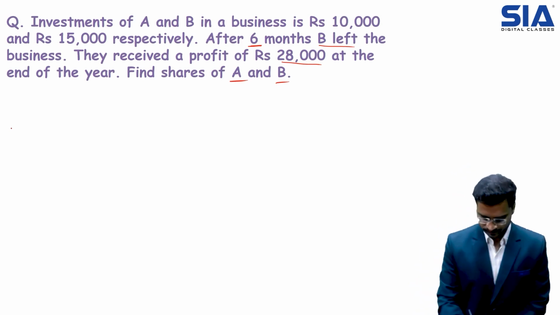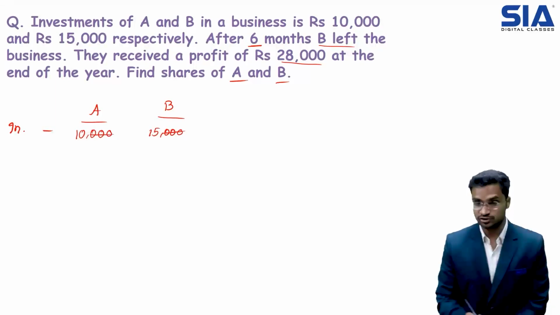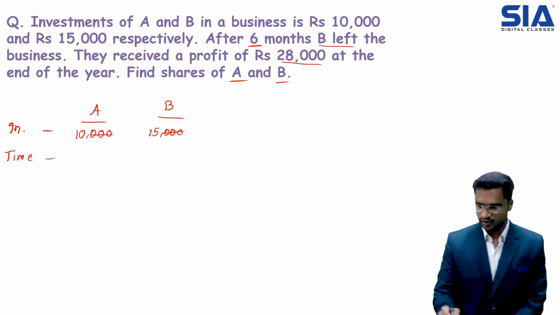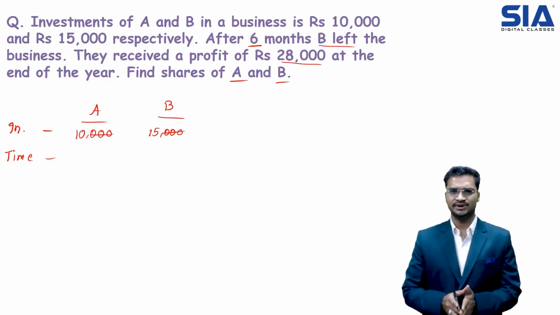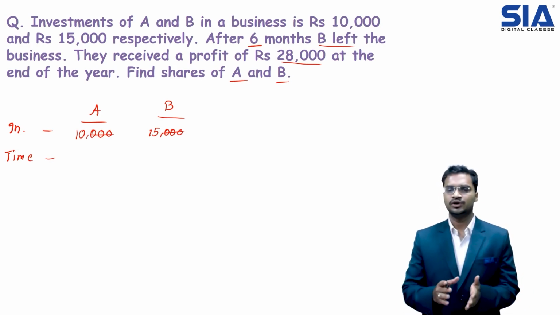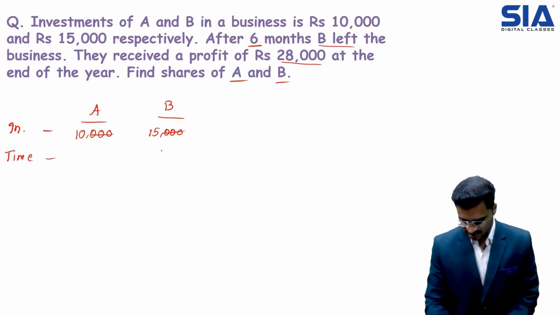So let us see. Here the investments of A and B are 10,000 and 15,000. Here 3 zeros are common, that's why I am cancelling. Then the time period. Here the time period of B has been given because B is leaving after 6 months, so he is staying in the business for only 6 months.